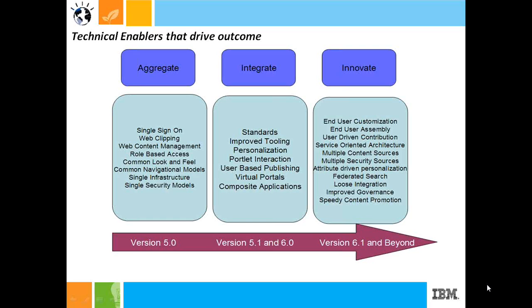Then user driven contribution was there. Assembly was easier. Assembly, what I mean to say is the portlet assembly was easier. Artifacts assembly was easier. The migration strategy was very easy. The migration path was easier. Even the migration path from 5.1 to 6.1 was easier compared to 5.1 to 6.0.